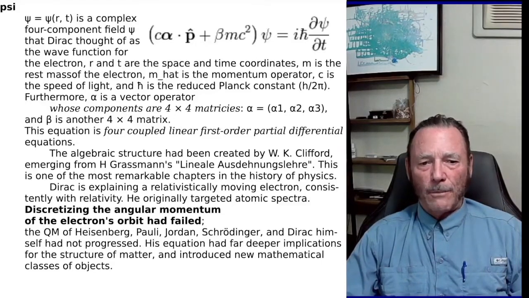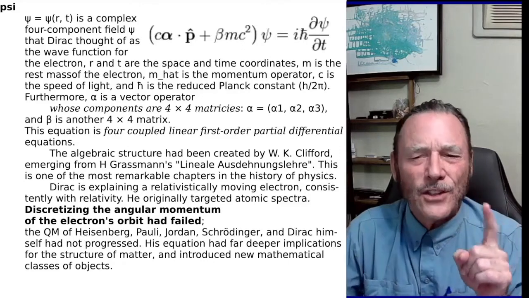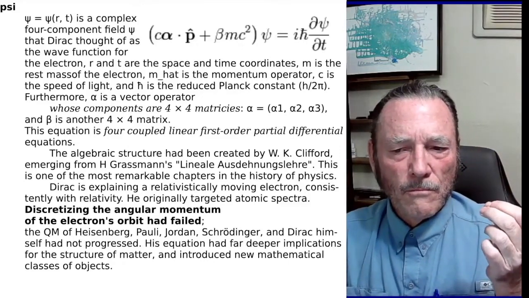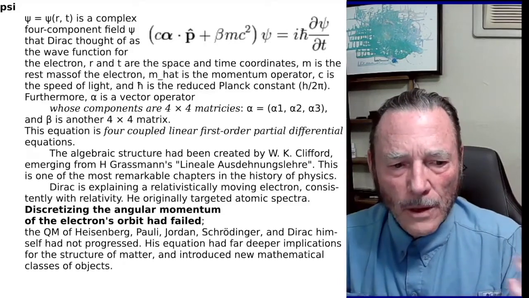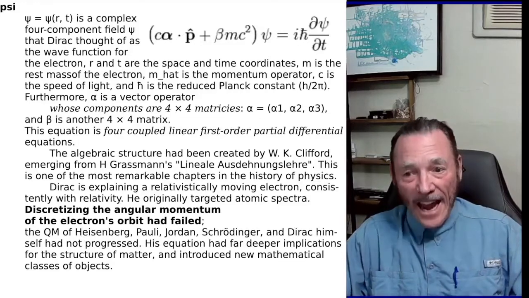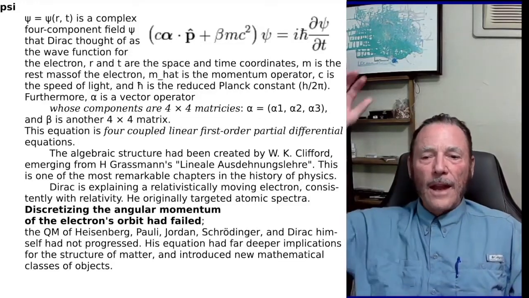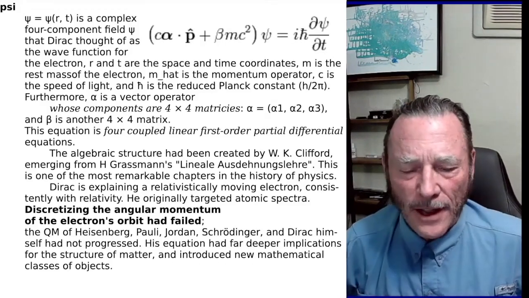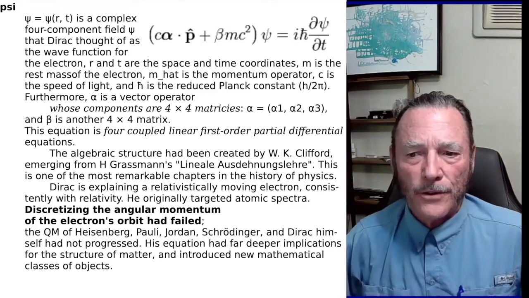Everything is affected by this. Is that the angular momentum value cannot be computed. They can't do it. Everything is based on angular momentum. Everything is based on angular momentum in the whole universe.